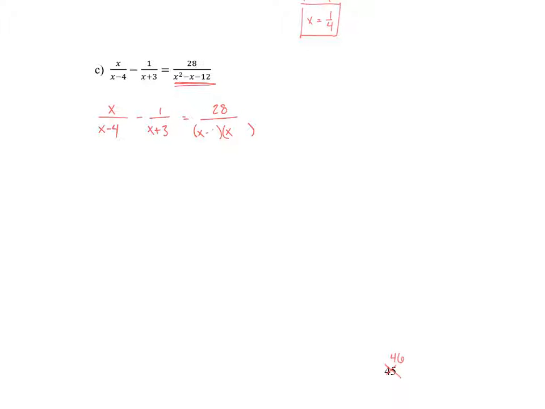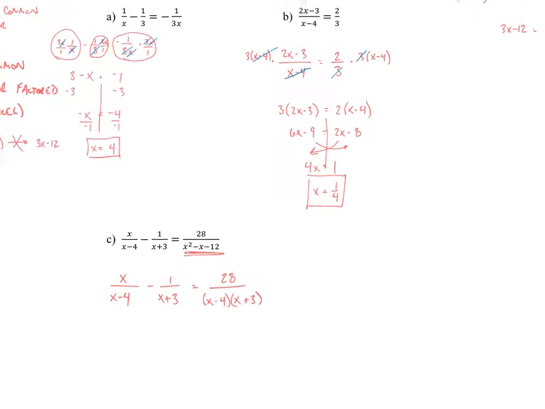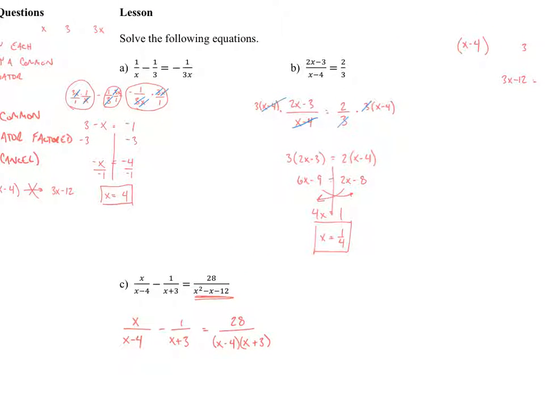So that's going to be negative 4 and positive 3, which works out really nicely because you'll notice our other denominators are those two things. So you can kind of liken this to the one above it, where we had x, 3, and 3x. Here we've got x minus 4, x plus 3, and the product of those two things, just like up here.